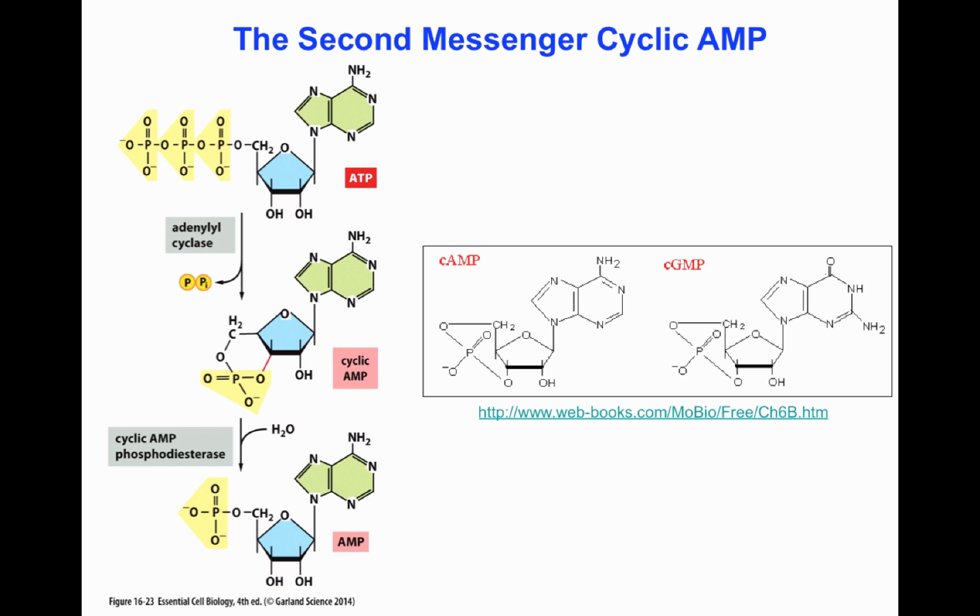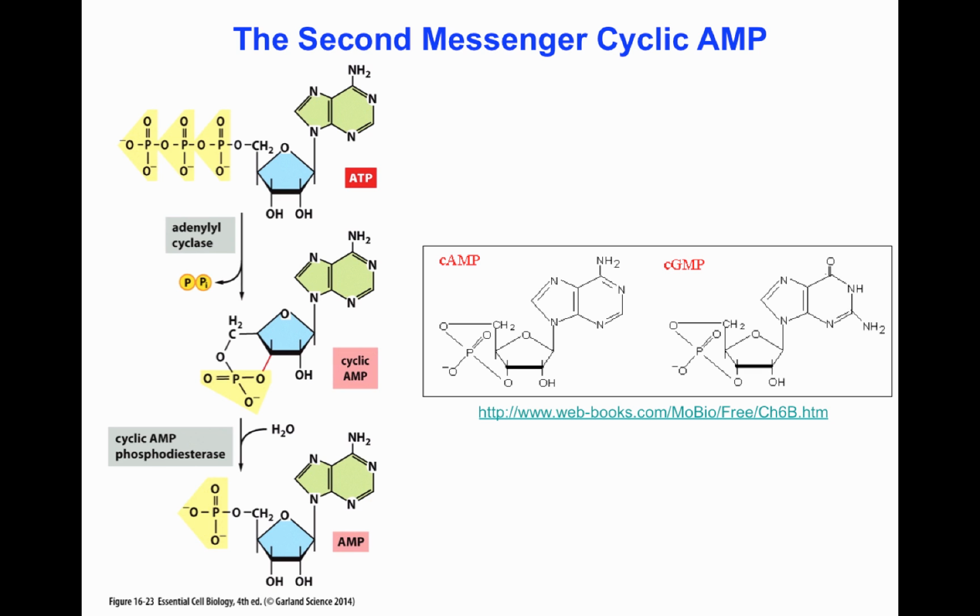Eventually, for example, a cyclic AMP phosphodiesterase is able to induce a hydrolytic reaction that is going to linearize the molecule, generating AMP. A similar enzyme, guanylyl cyclase, is able to generate cyclic GMP, which, as we mentioned earlier in the last lecture, is required for smooth muscle relaxation.